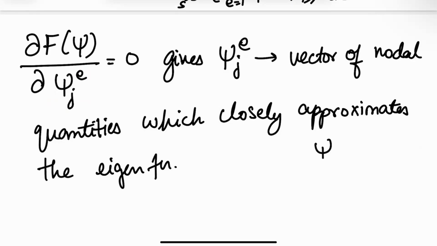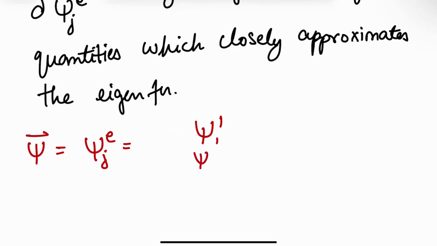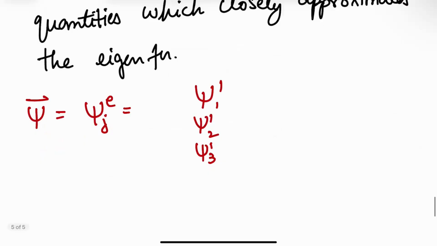So if I write down psi je, what does it look like? Right, so psi vector is psi je, which is nothing but first element, first value, first element, second value, first element, third value, and then you have the second element, first value, second element, second value, and so on.